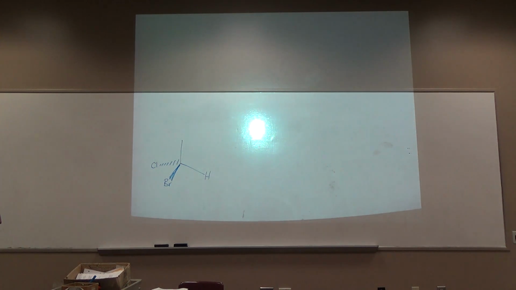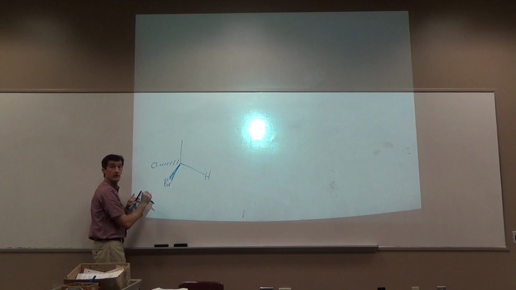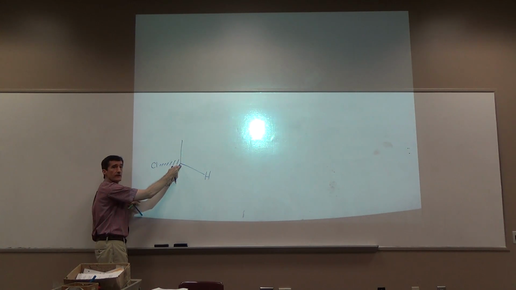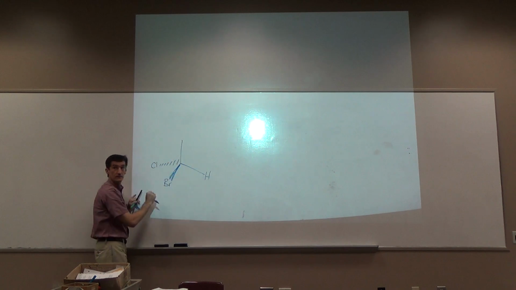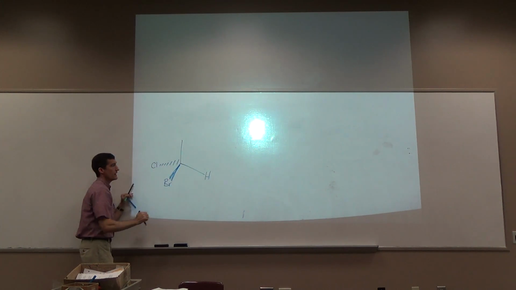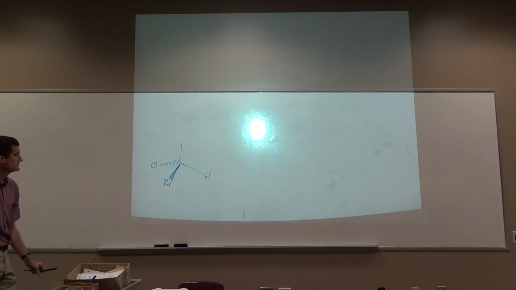Is that 1-bromo, 1-chloroethane? 2 carbons, ethane. If that's the one position, what do we have? 1-bromo, 1-chloroethane. There's also an H here. But this carbon here is chiral. So there's the compound.